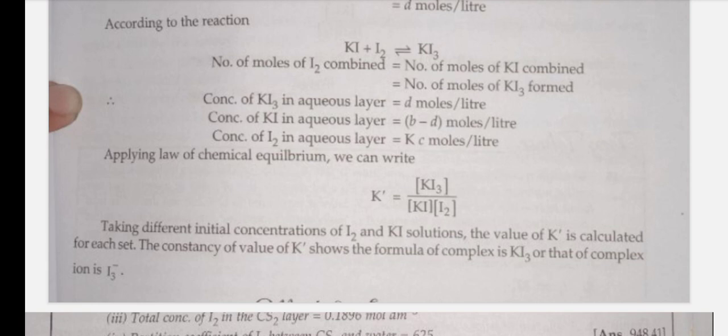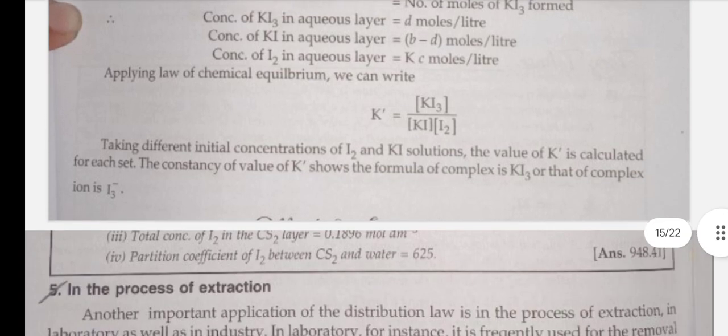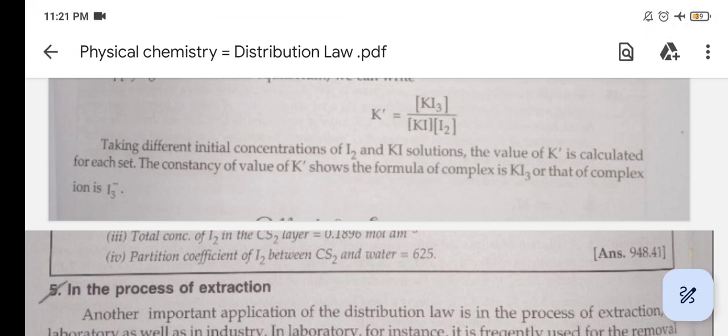Concentration of I2 in the aqueous layer is KC moles per liter. Applying the law of chemical equilibrium, we can write K dash is equal to KI3 upon KI times I2. Taking different initial concentrations of I2 and KI solutions, the value of K dash is calculated for each set. The constancy of the value of K dash shows that the formula of the complex is KI3, and that of the complex ion is I3 minus.